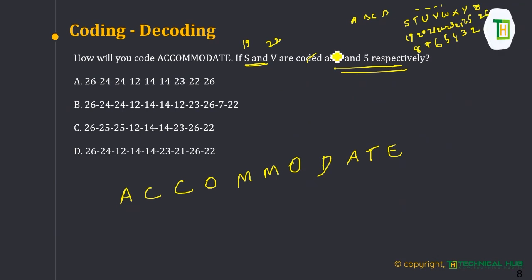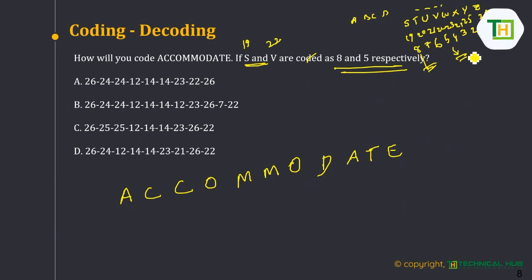So S is in 8th position and V is in 5th position. That means the logic is that the alphabet series is taken in reverse order, counting the numbers in reverse. In this case A is taken as 26th position.